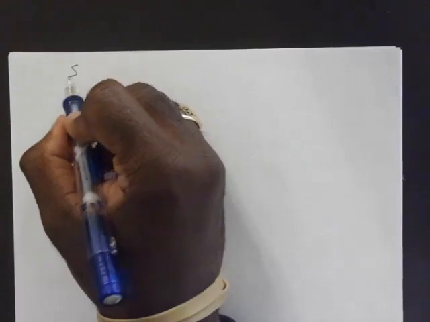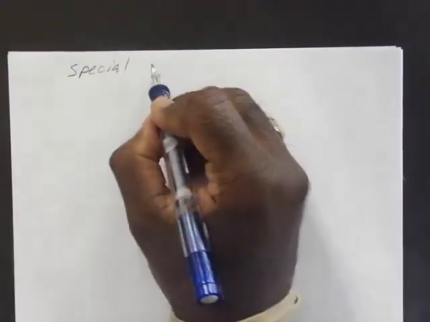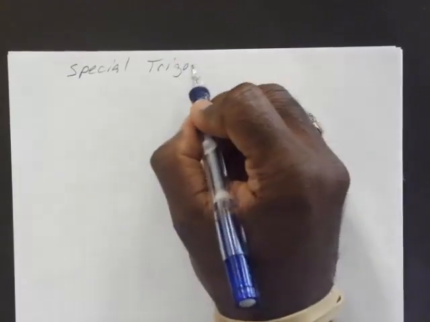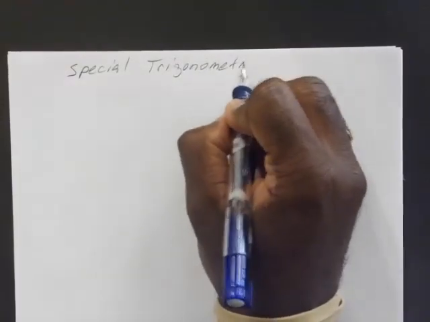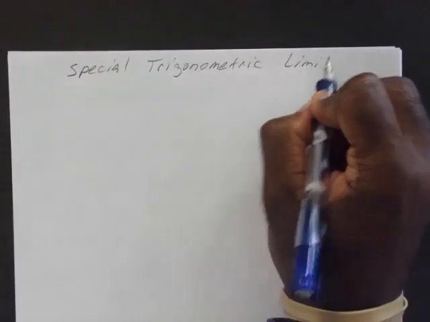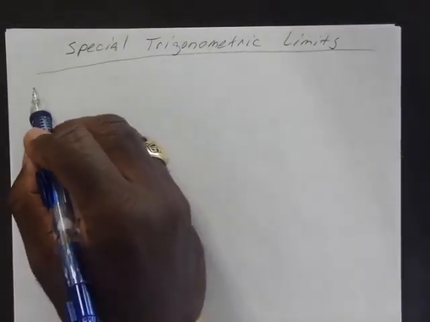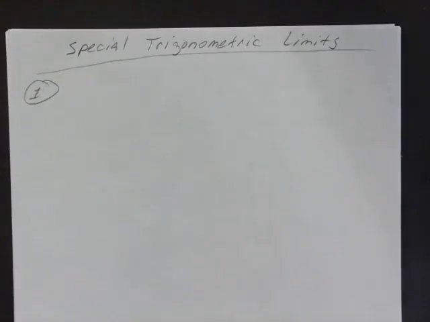Okay, so now we're going to look at special trig limits. Now, these are just ones that kind of stand out because they're a little bit different than the other ones we're going to see, where you just have basic sine, cosine, tangent, and all of those.